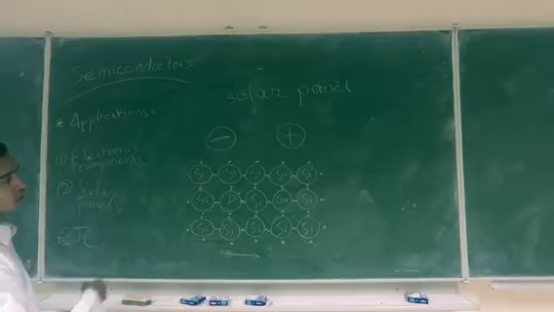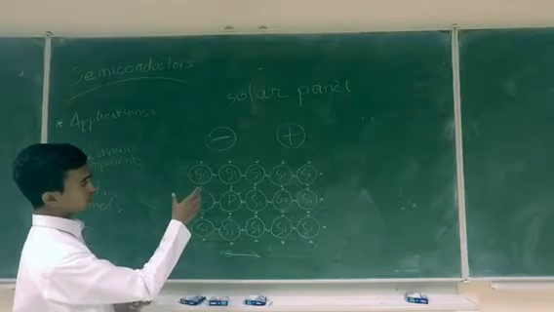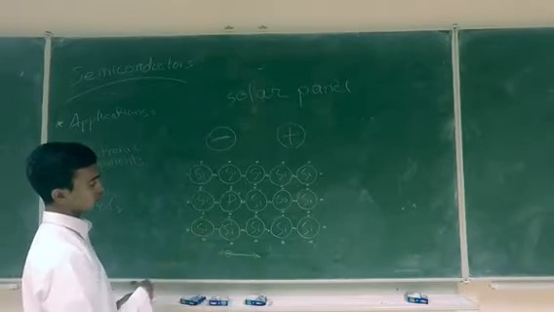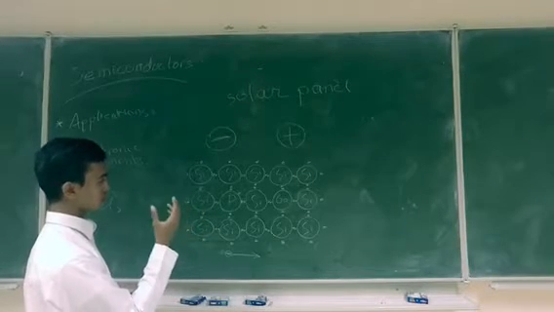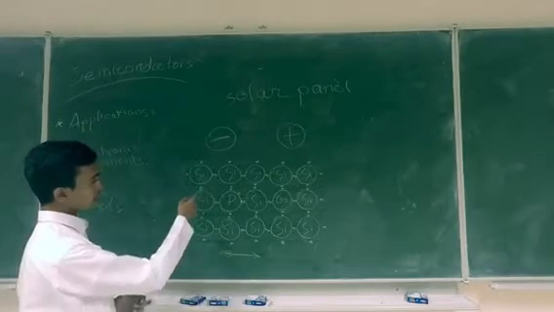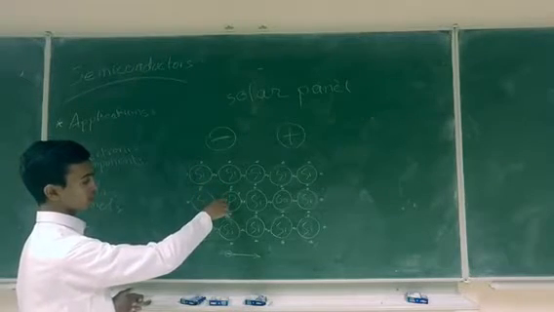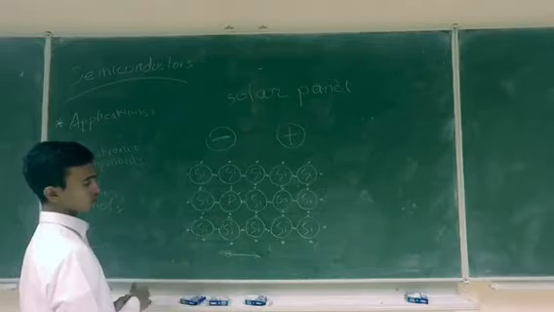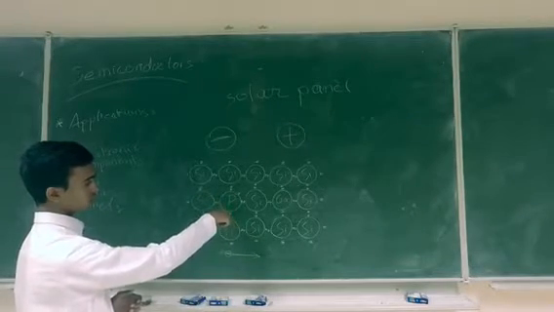We have here the example of a solar panel. We have this cross section. Here we have the semiconductor, the N-type. Because of the phosphorus, it has 5 valence electrons plus the 4. We have 9.